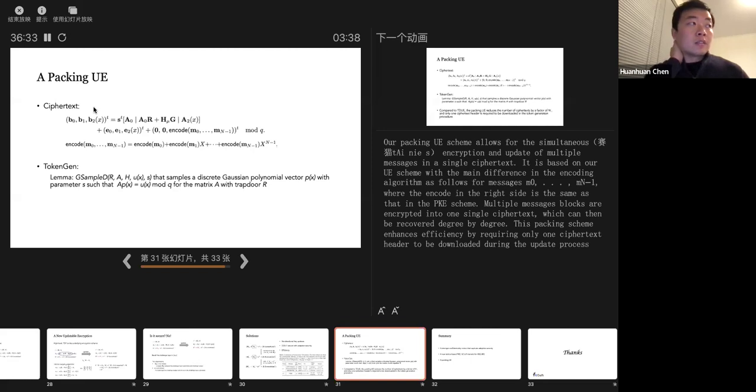of encryption and update by proposing a packing UE. Remember that the last part in our ciphertext is just an encoded message. Actually, we propose a new message encoding process by encoding all the elements in a polynomial.